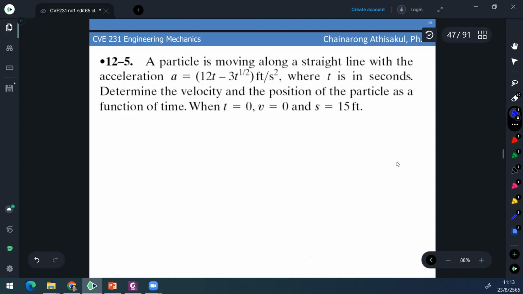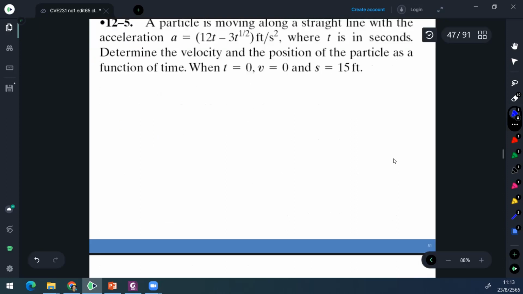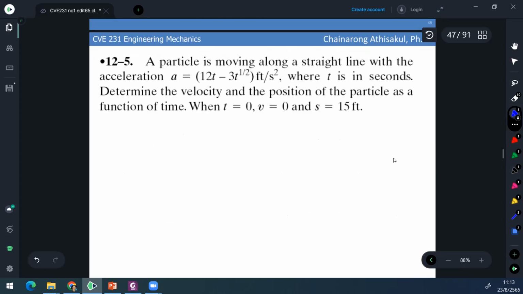Okay, let's take a look at the next problem. Our next problem is a particle moving along a straight line with acceleration. Now we know the acceleration. Acceleration is a function of time like this. It's not constant.